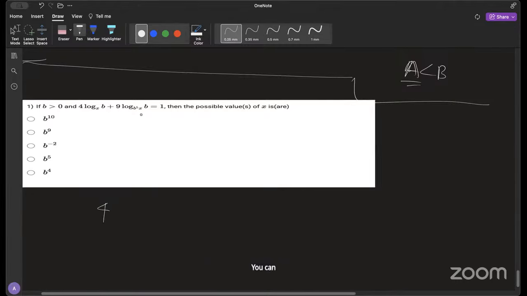You can solve this if you want to, or you can just put these options here. It works too. So if you put it here, let's just do it this way then. You will have b, then 9 log b to the power 5, and then you have 10 here, right?